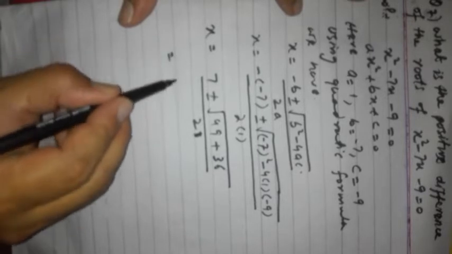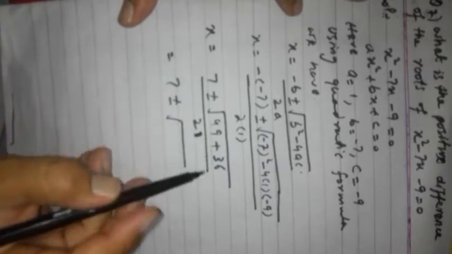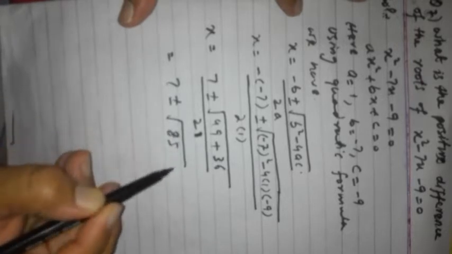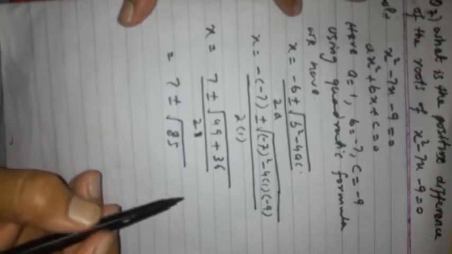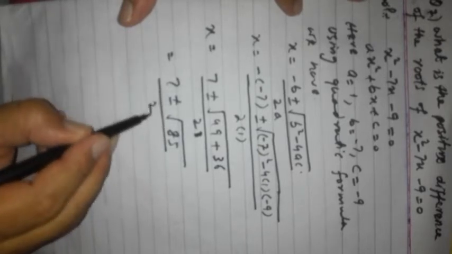Now look, 7 plus minus under the root 85, 36 plus 49, we get 85, whole divided by 2.